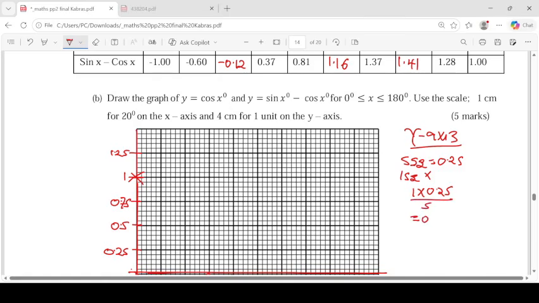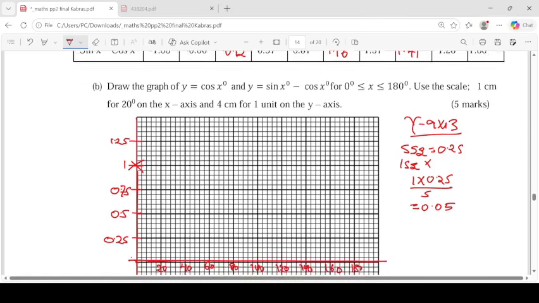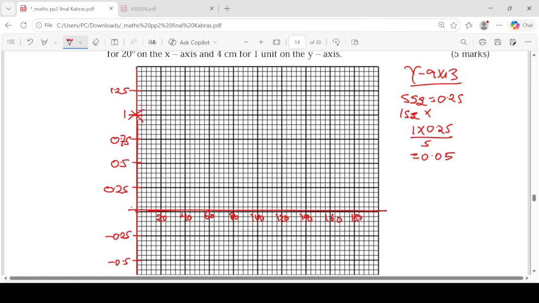This is 0.05. That's on the y-axis. Let's also have a better understanding on the x-axis because these things are very important. On the x-axis, 5 small squares is equals to 20, meaning one small square will be 20 divided by 5, which is 4.